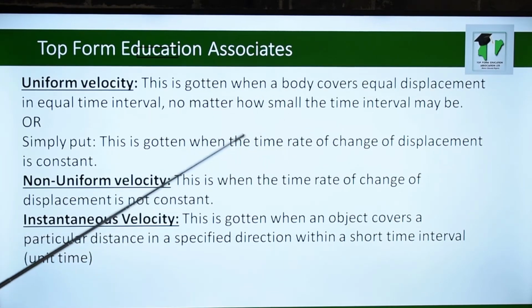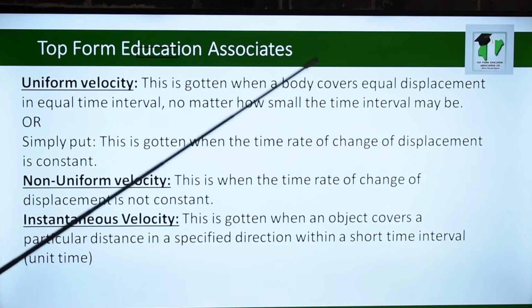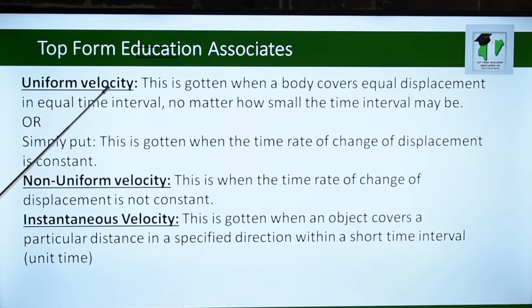And for instance, the distance from your classroom to that place is 100 meters. Divided by 5, you have each 20 meters. Now, if that person covers each of the 20 meters distance by the same time interval, what the person has achieved there is known as uniform velocity.